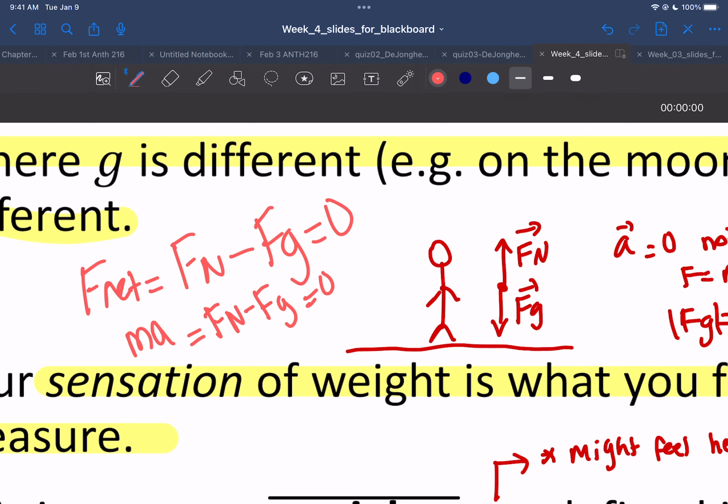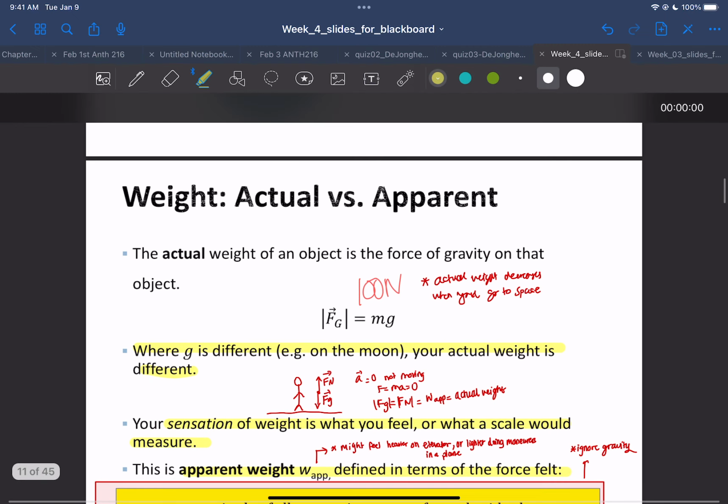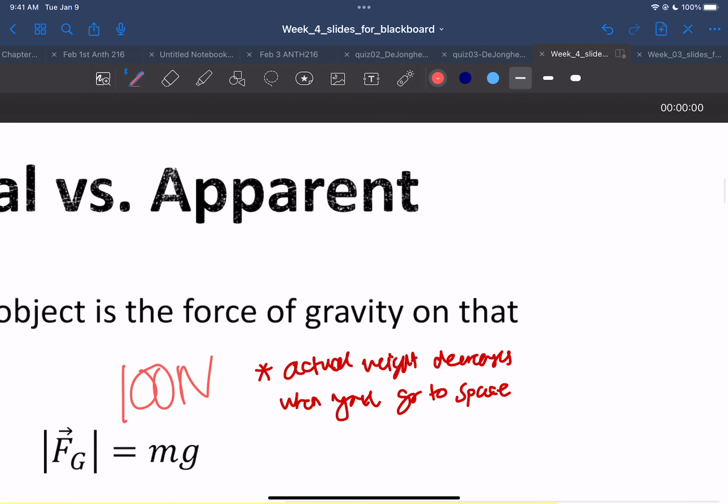Awesome. Now, what's going on with the whole elevator concept is that an elevator is moving. It's carrying you upwards with it, right? And so instead of your acceleration being 0, your acceleration will be whatever the acceleration of the elevator is. So let's say the elevator is accelerating at a rate of 10 meters per second squared.